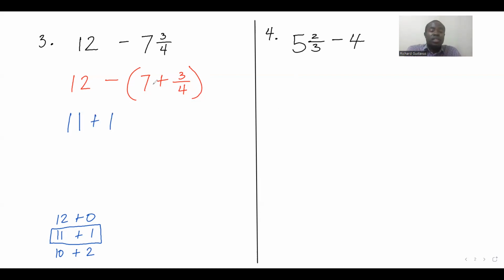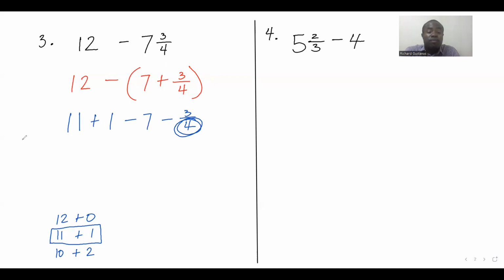Then, guys, if we distribute the negative through the bracket, then we'll have what? Negative 7 and minus 3/4. Now, guys, the reason for the 1 is that we want to rewrite that 1 as a fraction with a denominator of 4. Why we choose 4 is because we want a common denominator based on what is given in the problem, right?